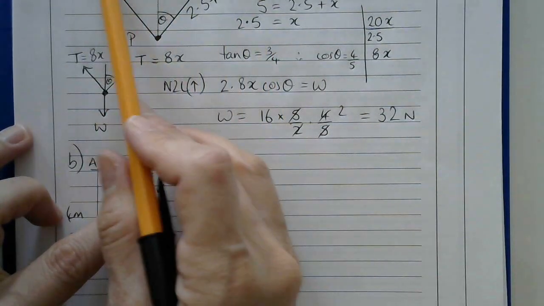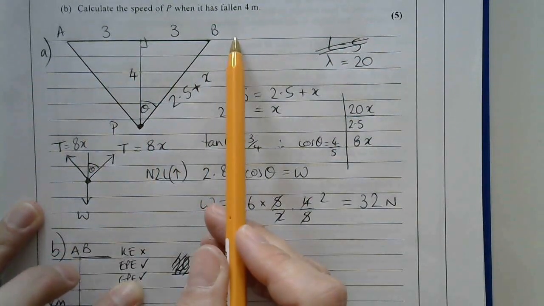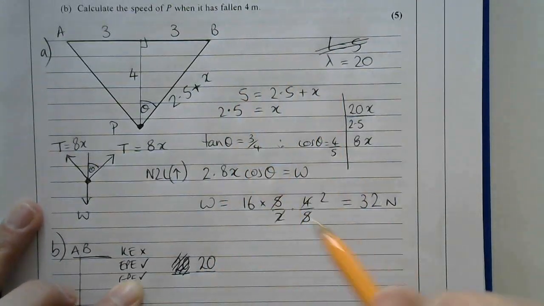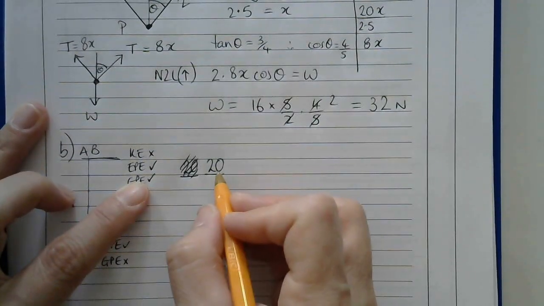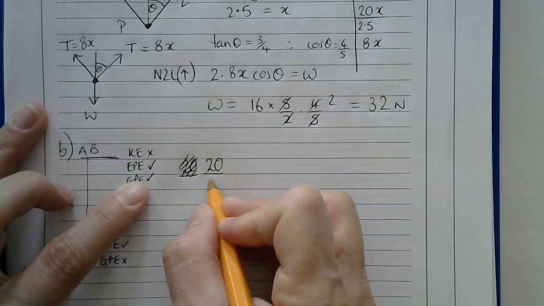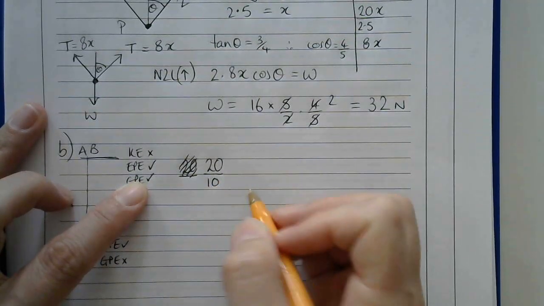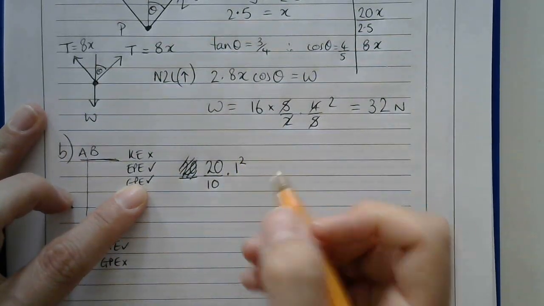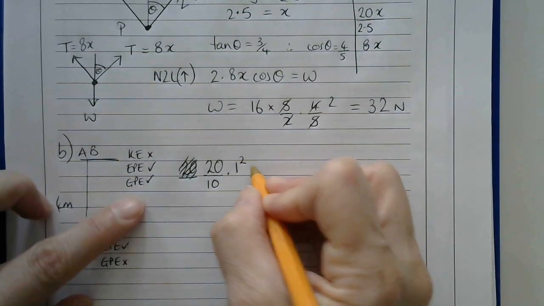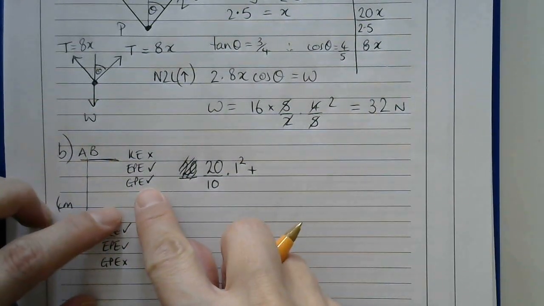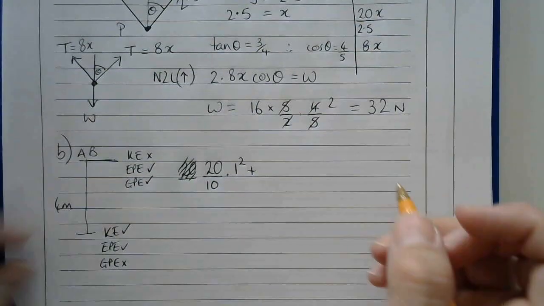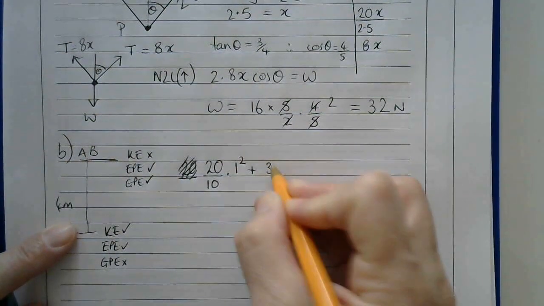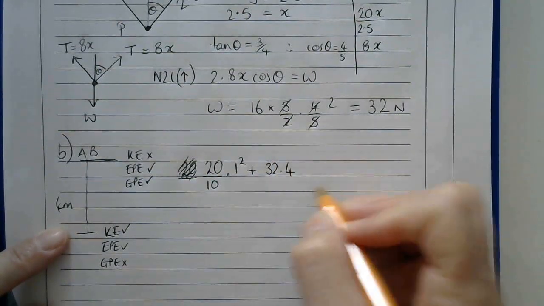So when it's like this, when it's up here, I can just consider it as one piece of string with the natural length of 5. So here I'll do 20 over 2 times 5, which is 10, times by the extension squared, and the extension at that point is 1, because it's 6 take away 5. The gravitational potential energy is mgh. Now mg is the weight, so 32 times the height, 4.